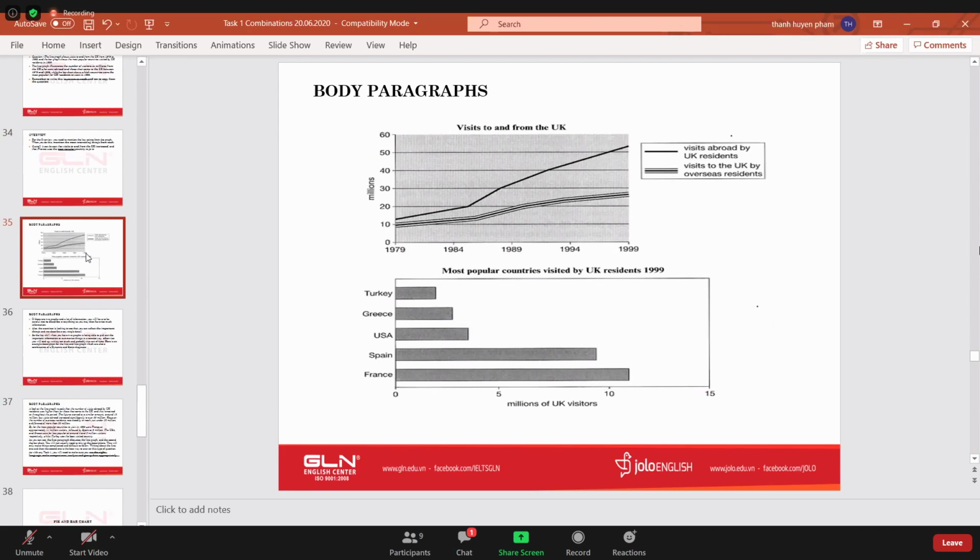Being more specific about how it has increased would go in a body paragraph. And then from the bar chart, because it's static information, all you can do is really state which country is the most important, so the most visited in this case, which of course is France.